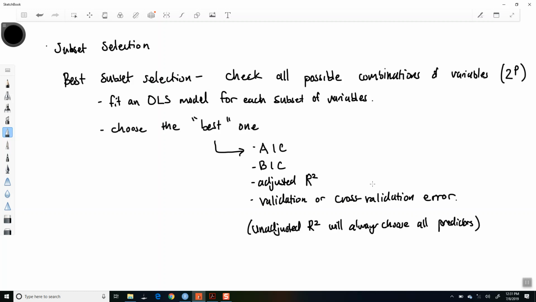Okay, and so for AIC, lower is better, and BIC, lower is better, and adjusted R squared, higher is better. Okay, and then validation or cross-validation error, lower is better.